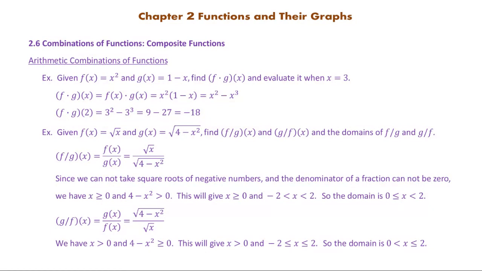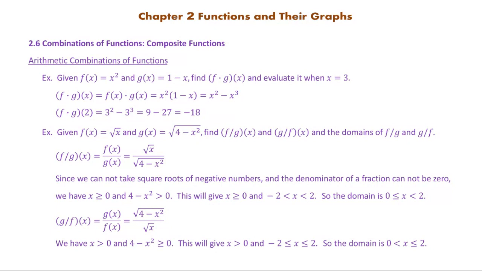Okay. Now, when we try to find the domain of this function, we need to consider several things. First, we need to find the domain of each function, f and g, and then take the intersection, the part in common for the domains of f and g.